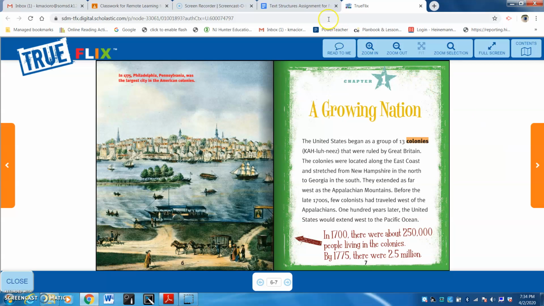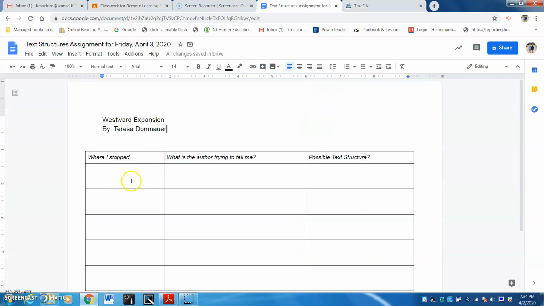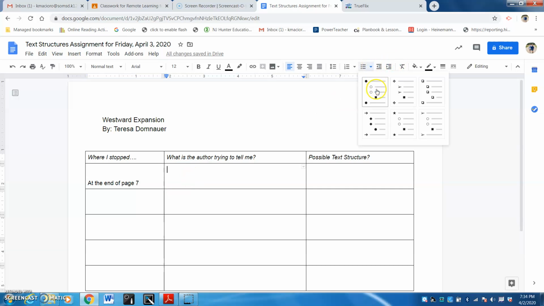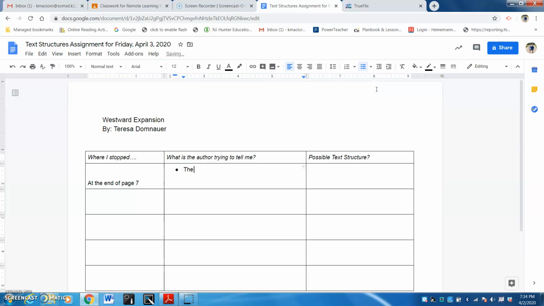So I'm going to stop here at the end of page 7, and I am going to put that on my chart. And over here, I'm going to just jot down some facts that I've learned. So I learned that the United States began as 13 colonies and were located on the East Coast.